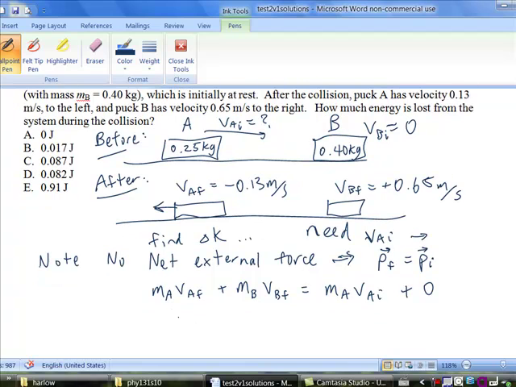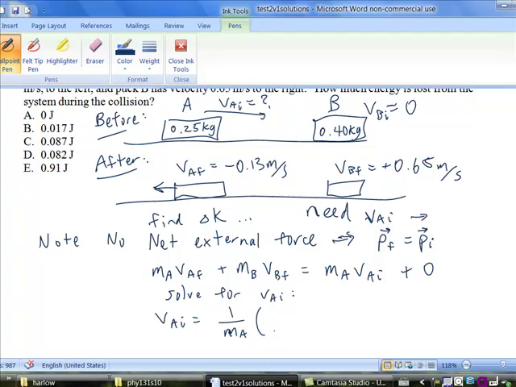So we're going to just solve for the one we didn't know, V_A initial. V_A initial is equal to 1 over the mass of A times m_A V_A final... Sorry about my handwriting, but I guess if you've all been watching me write on the chalkboard all semester, you've gotten used to my messy handwriting.